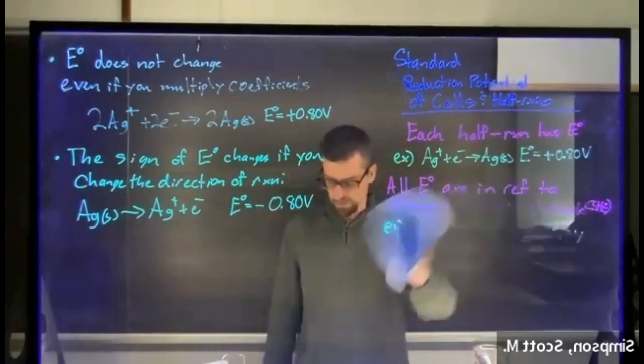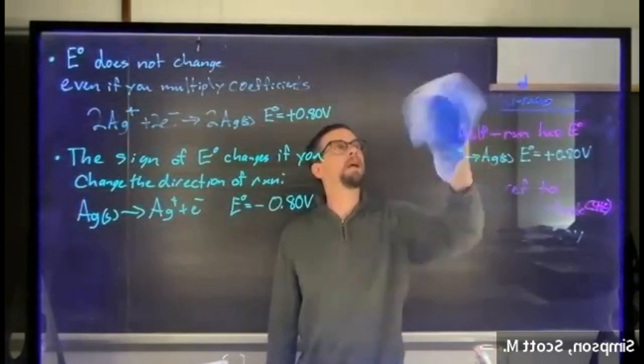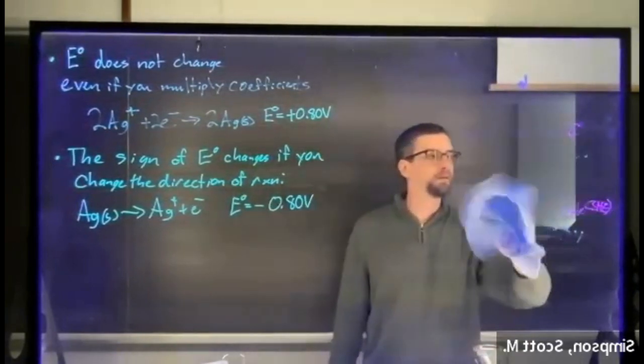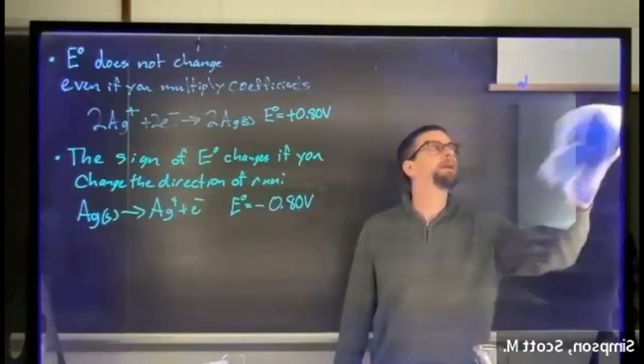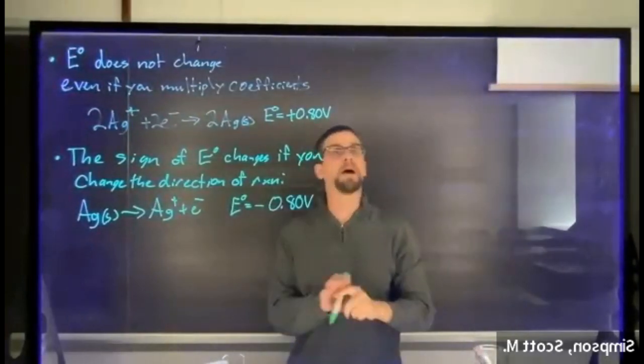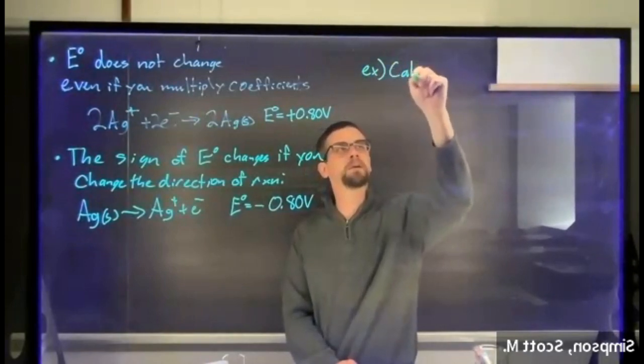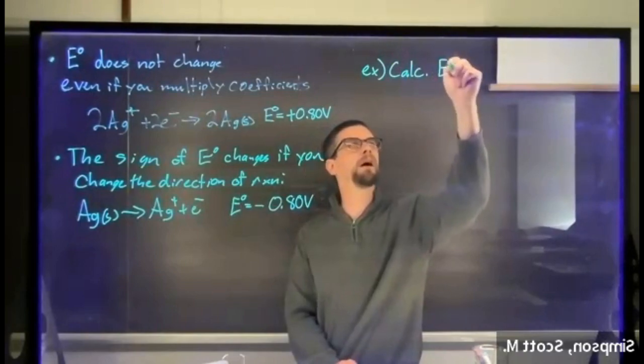Okay, so let's look at an example where we use standard reduction potentials and we calculate E naught for the cell or some battery that we built. So example, calculate E naught.